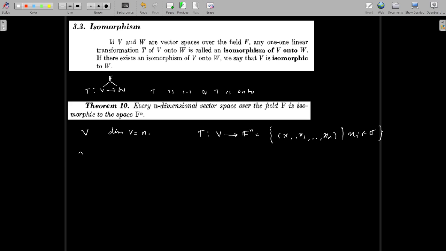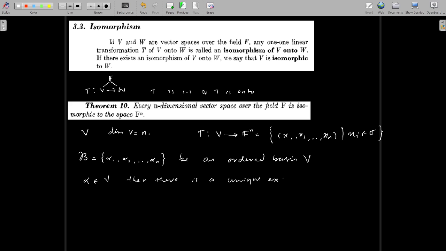So we start with an ordered basis of V, consisting of the vectors alpha 1, alpha 2, etc., alpha n. Now for any alpha belonging to V, there is a unique expression: alpha is equal to x1 alpha 1 plus etc. plus xn alpha n.